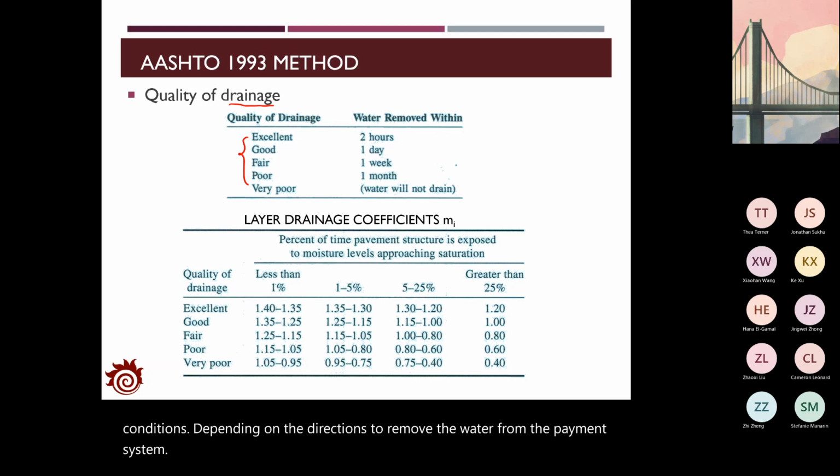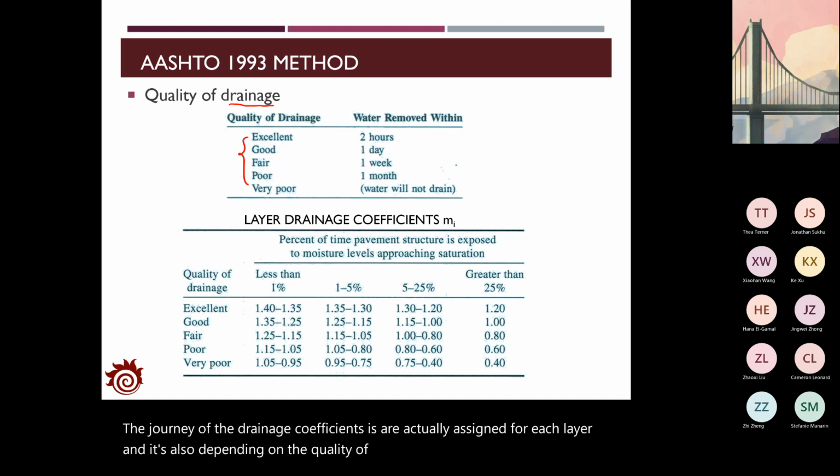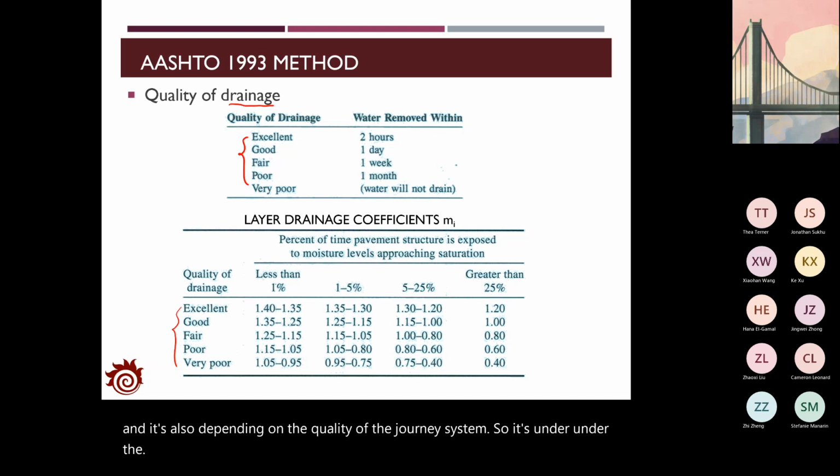The drainage coefficient is assigned for each layer, and it depends on the quality of the drainage system under the 5 categories.